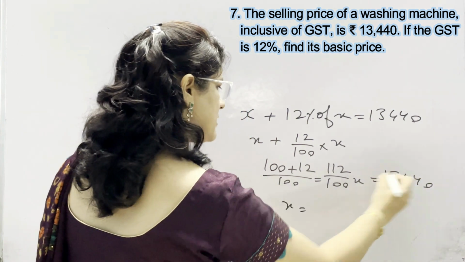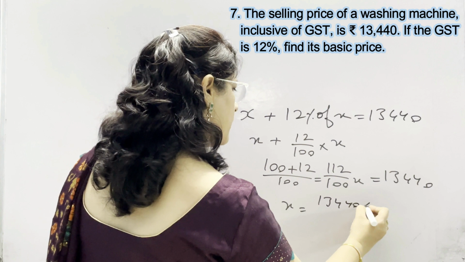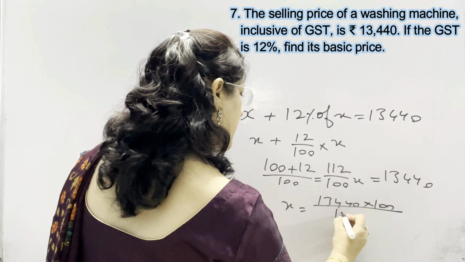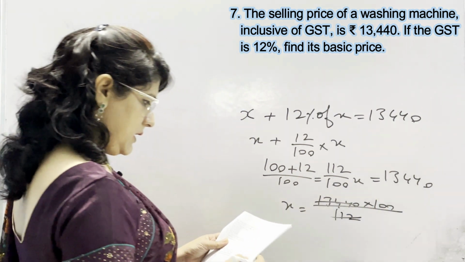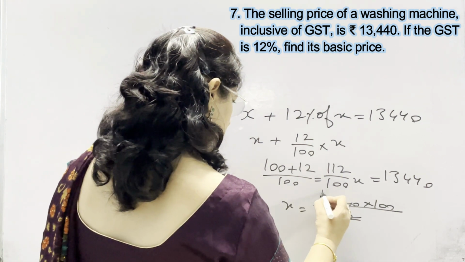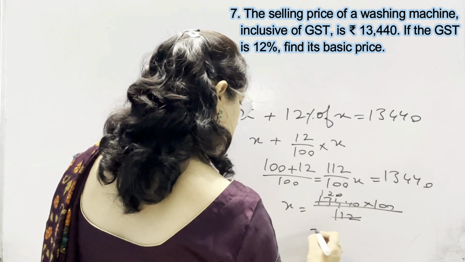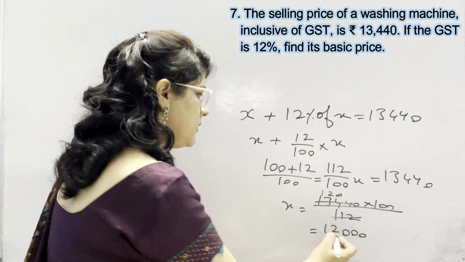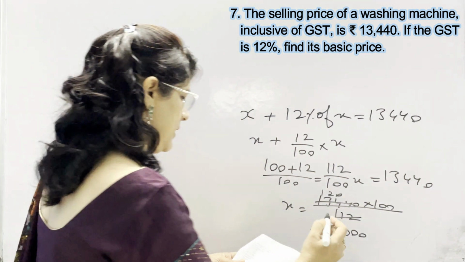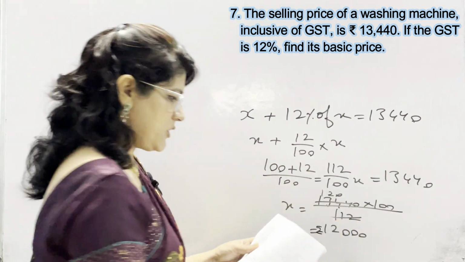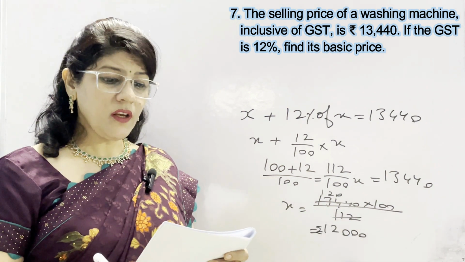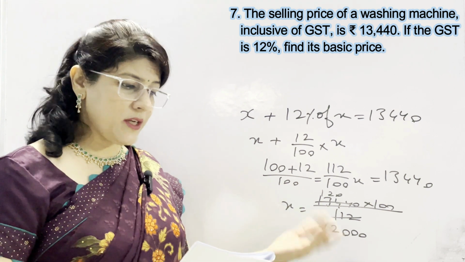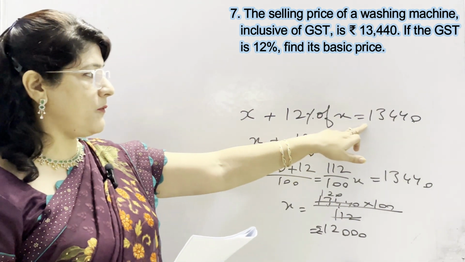So the value of X is 13440 into 100 divided by 112. After cutting, this comes out to be 12 and 3 zeros. So 12,000 rupees is the basic price of the washing machine. Including GST, it comes out to be 13440.